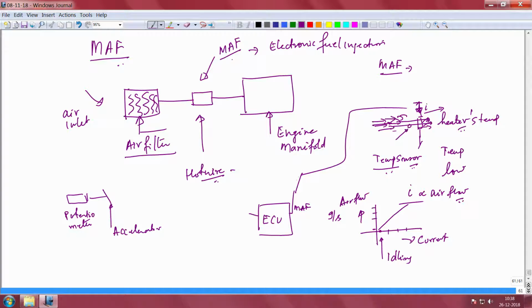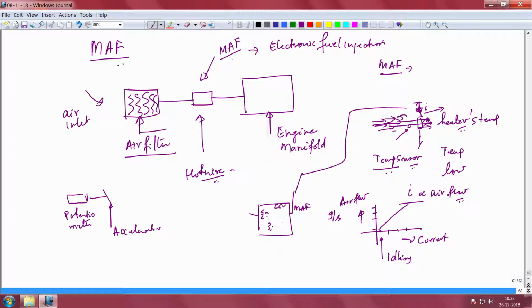Now, what does this engine ECU do? There is a piece of code, right, everything is software inside, there is a piece of code running inside the ECU, the algorithm that is there in the ECU. I will simply denote it by flower brackets just to show that there is some code running inside, and this MAF is taken and it shifts the transmission.